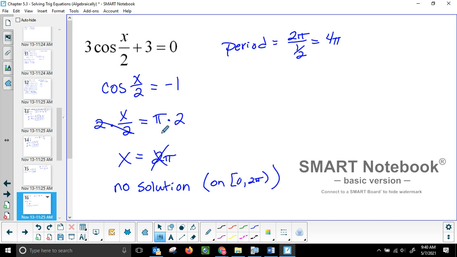Now, if you had 2x, your period would be pi, but here you would have had pi over 2, so that would have fallen in that range anyway. So typically that's how it's going to work, but you do want to be careful and make sure that you check yourself.